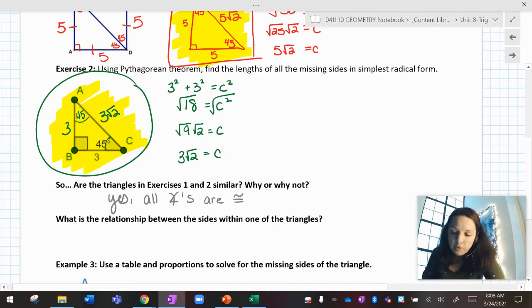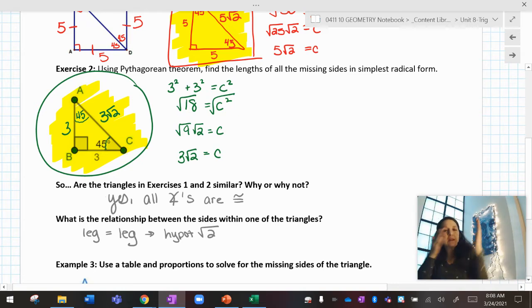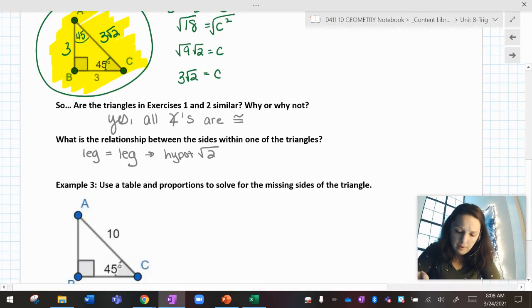What's the relationship between the sides within one of the triangles? Well, I have a leg that equals another leg, and the hypotenuse is multiplied by root 2, right? So it's like leg, leg, and that same number times root 2. And that seems to be true for both.